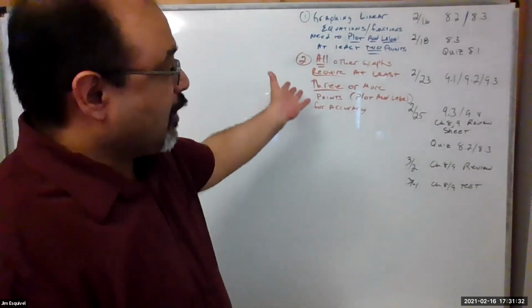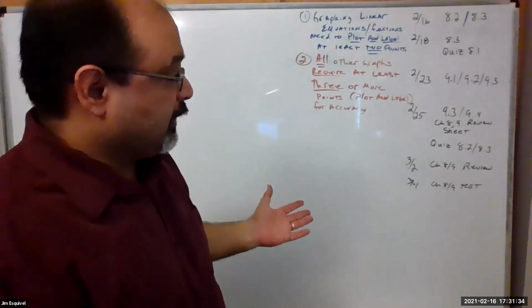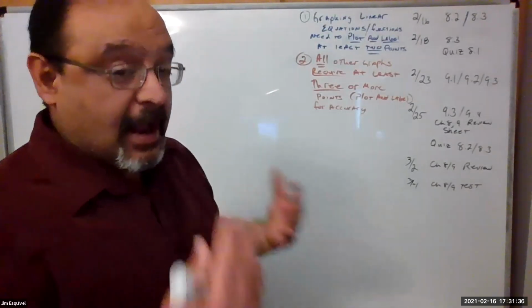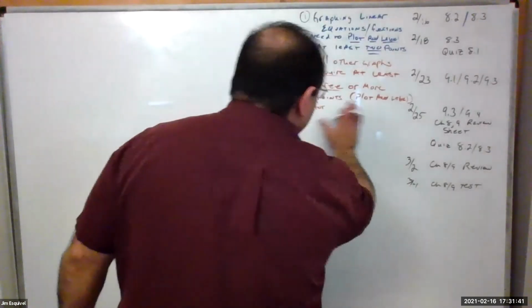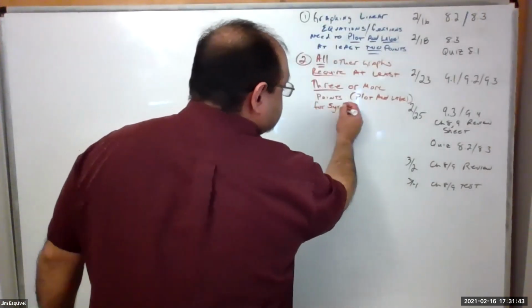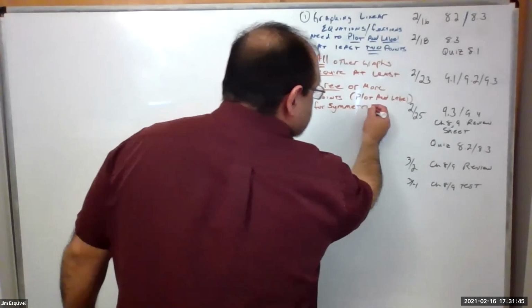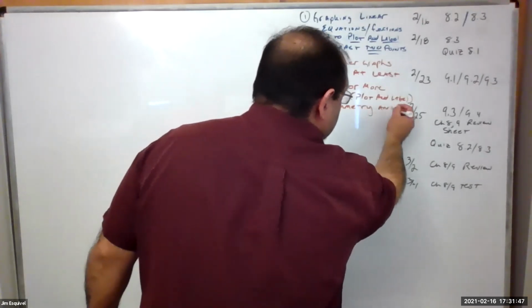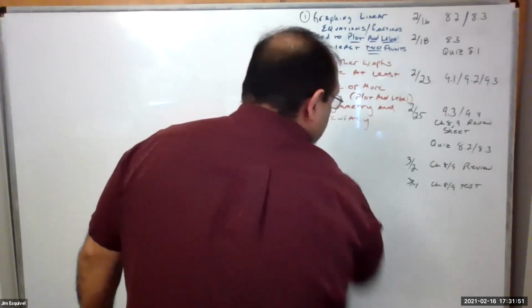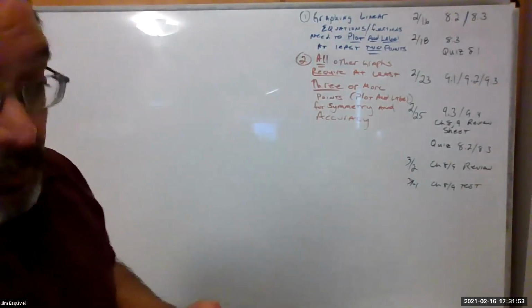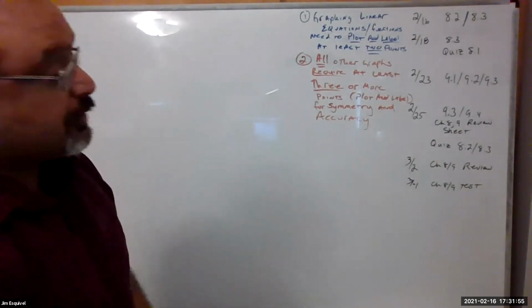All other graphs require at least 3 or more points for accuracy. My 2 words here are symmetry and accuracy. So you have to plot and label at least 3 points for symmetry and accuracy.